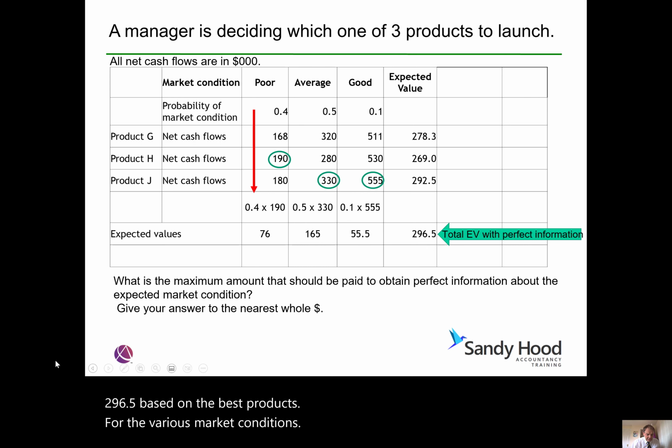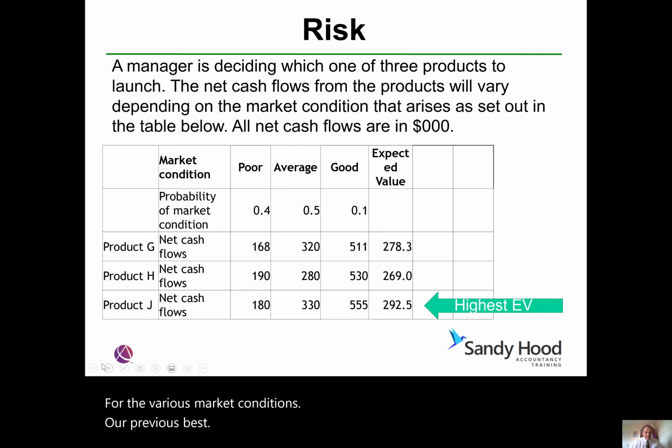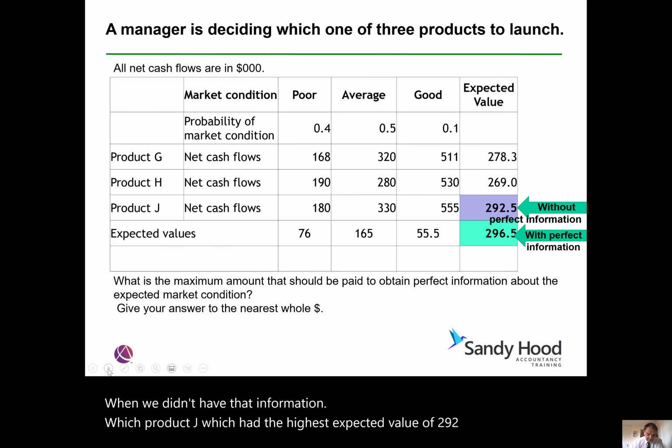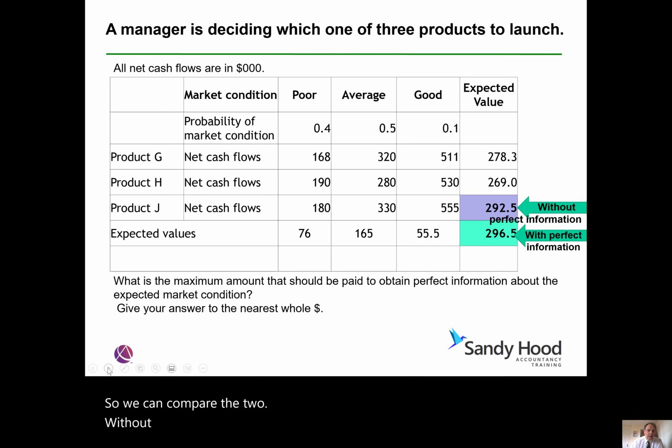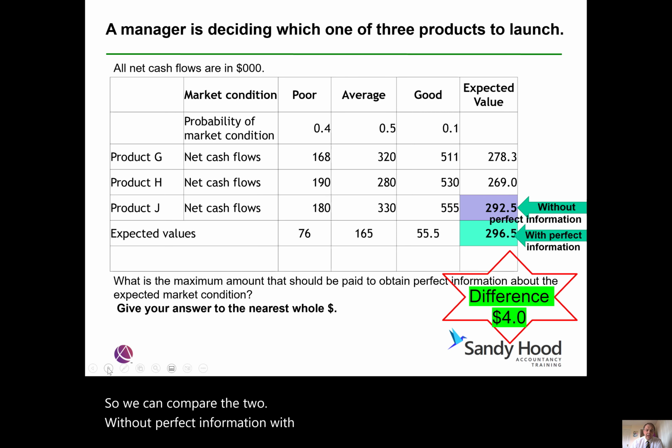Our previous best, when we didn't have that information, was product J, which had the highest expected value of 292.5. So we can compare the two, without perfect information, with perfect information, and the difference is $4,000.